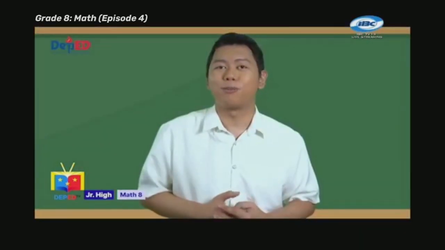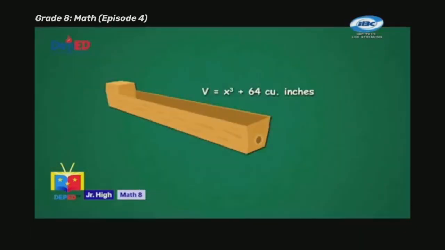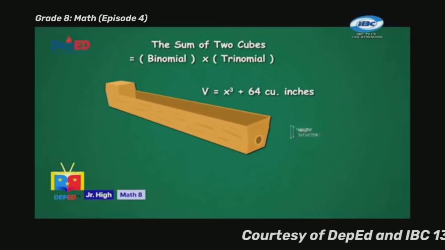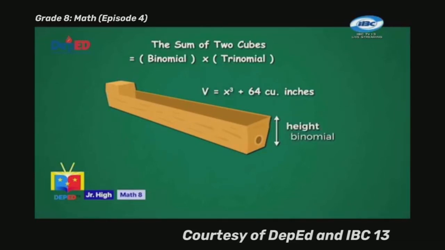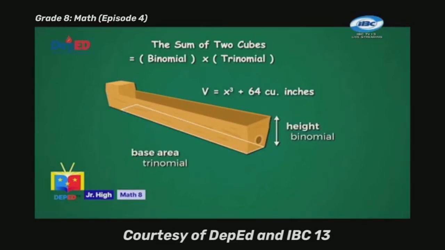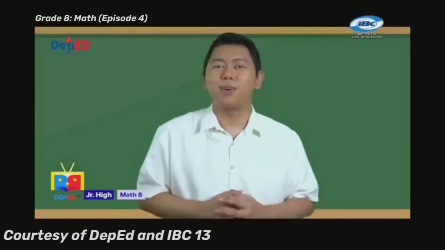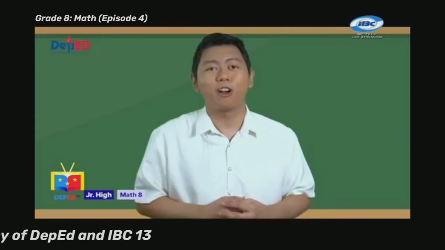What kind of polynomial is this? This is a sum of two cubes, and it can be written as a product of a binomial and a trinomial. In this case, the binomial factor represents the height of the trough, while the trinomial factor is its base area. What is the base area of the rectangular trough?